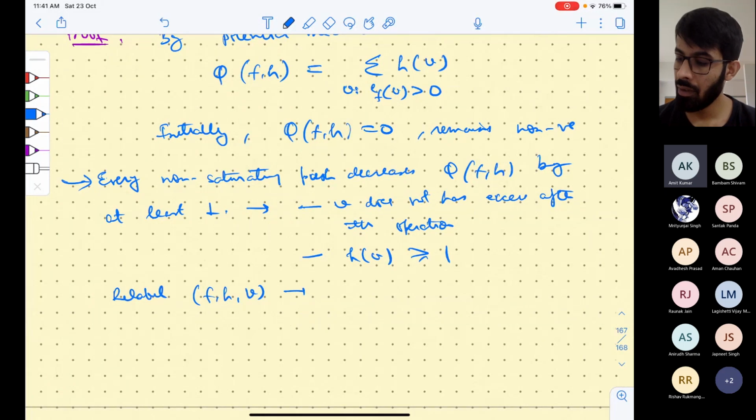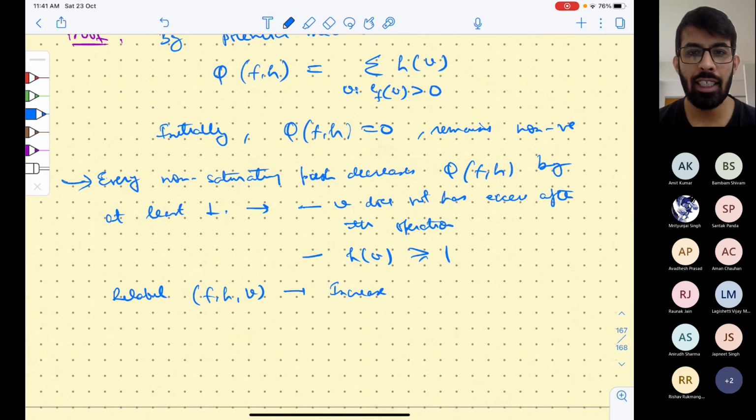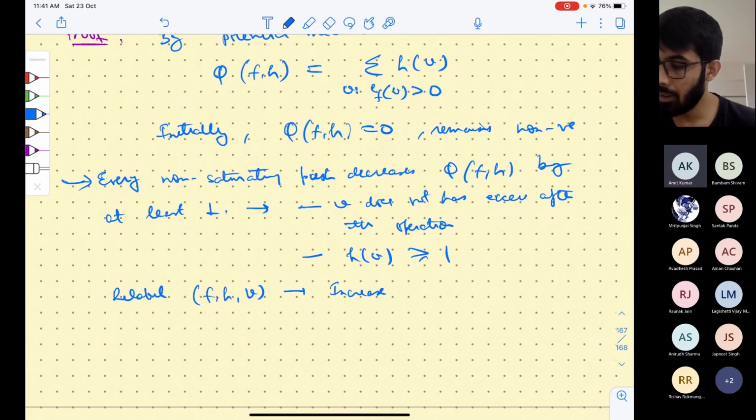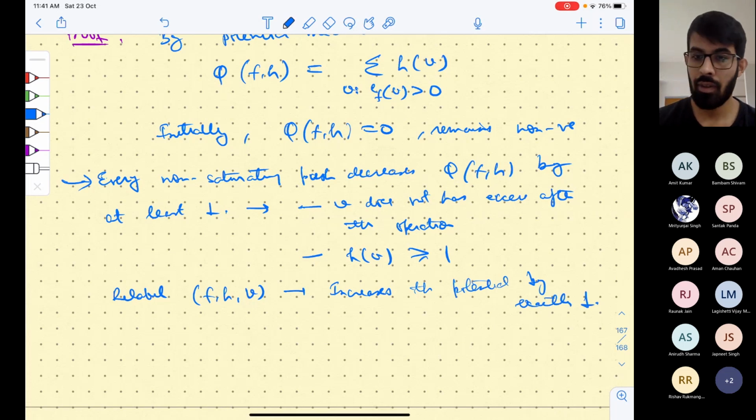Does it increase the potential because we had excess? It increases the potential by 1, right? Yes, sir. It just increases the height. It does not do anything else. Why exactly 1? Right, so this is what it does.